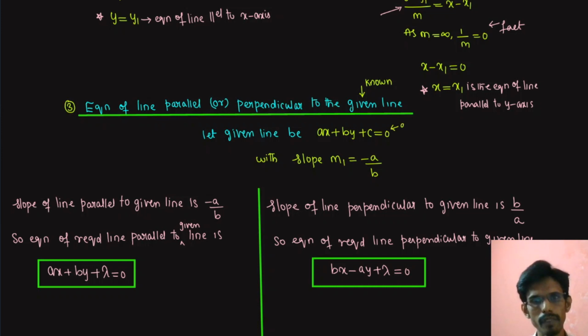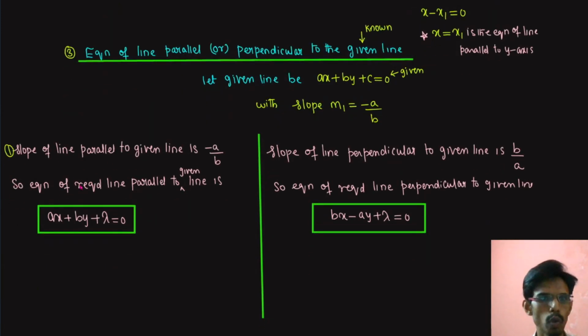This will be given in the question, that is called given line. Here the slope of this equation, let us take it as m or m1, that is minus a by b. Now see here we have slope of the line. Parallel means same slope. So slope of line parallel to given line will be the same.